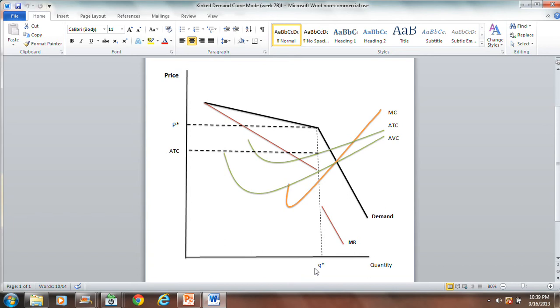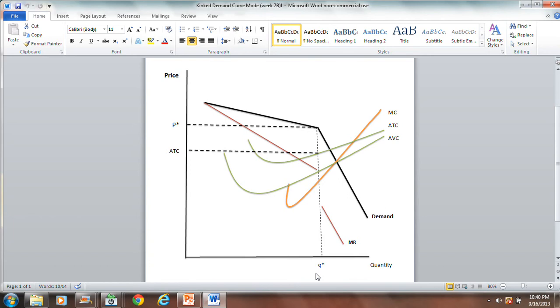Alright, so if I want to know the cost, how much it will cost the firm to produce Q star, I go vertically from Q star until I bump into the average total cost curve directly above Q star, and at that point that will give me the specific average total cost associated with that quantity. So I'll take that average total cost value, multiply it times Q star, and that will give me the total cost.